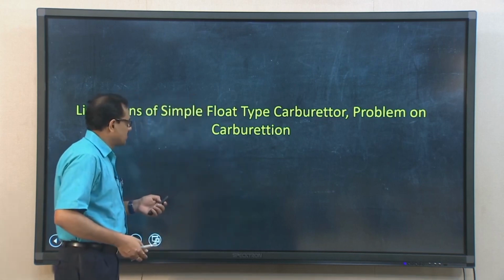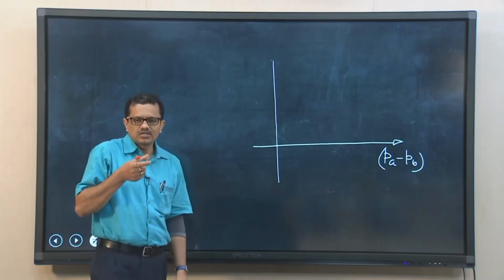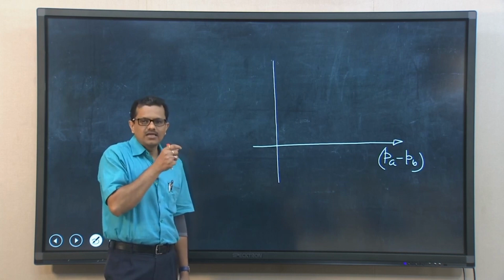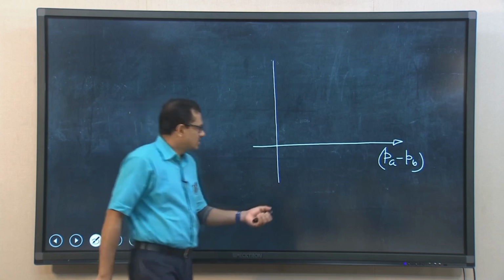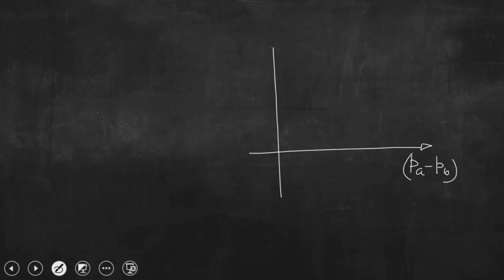So, let us draw that schematic, that variation, and from there we can discuss again today. So, if this is the pressure difference P A minus P B, this is as good as throttle opening area, because by tuning this particular pressure drop, we can vary the flow rate or fuel air ratio which would be drawn into the cylinder.